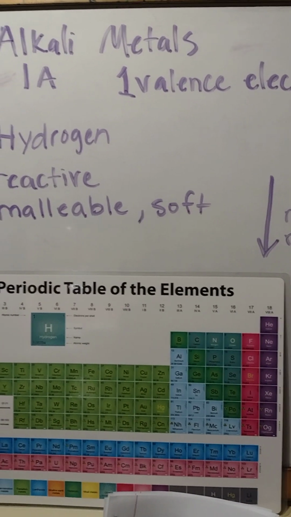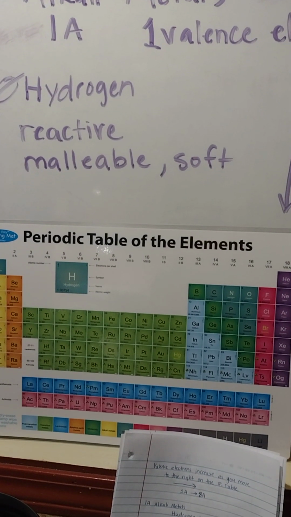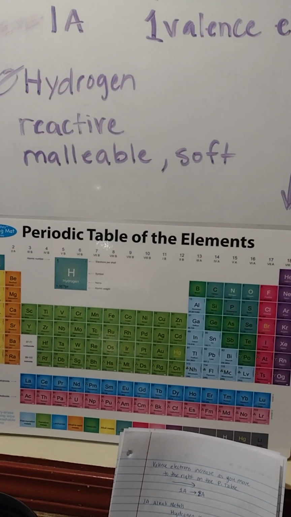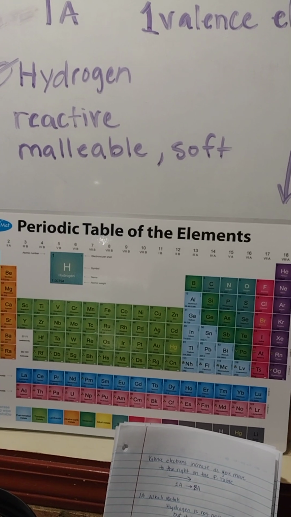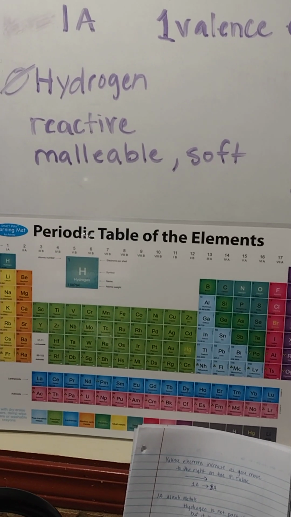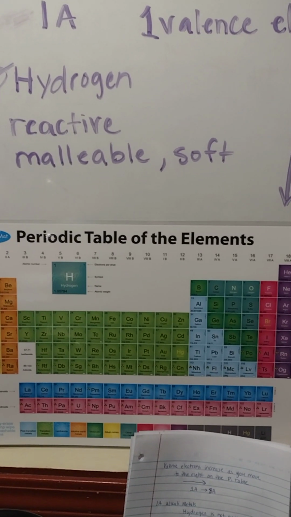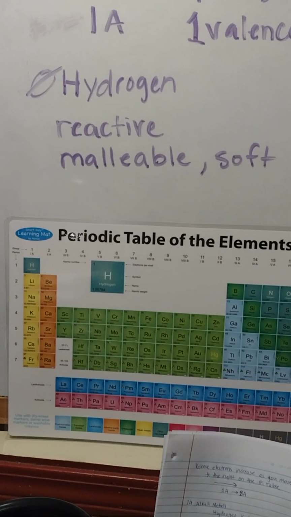They're malleable soft metals. And it talks about in your book that sodium can be cut with a knife. So that's soft. And it's very reactive. But if you notice, if it's bonded with chlorine, it's not so reactive. That's just table salt, right?